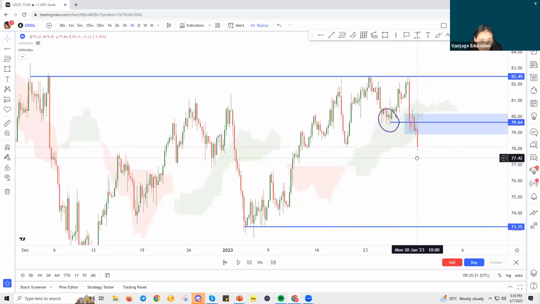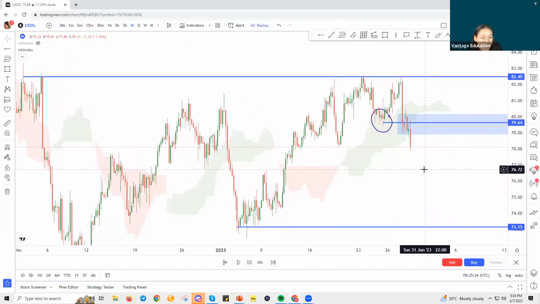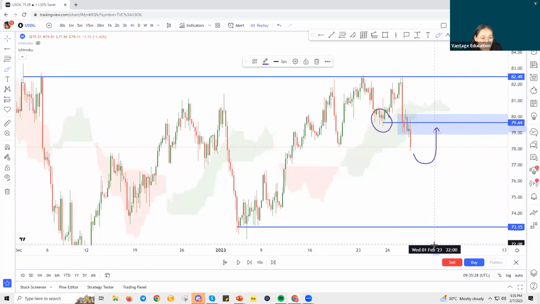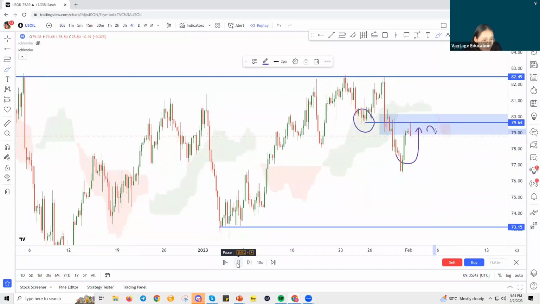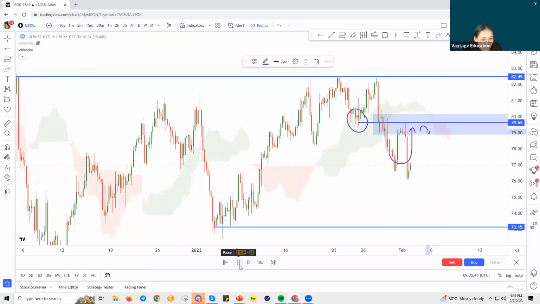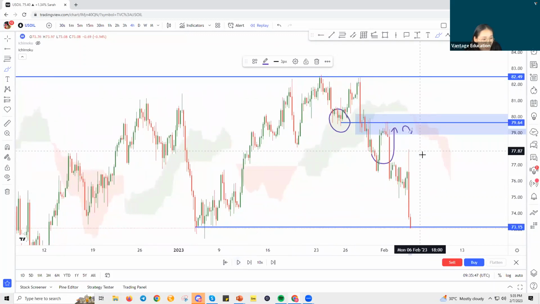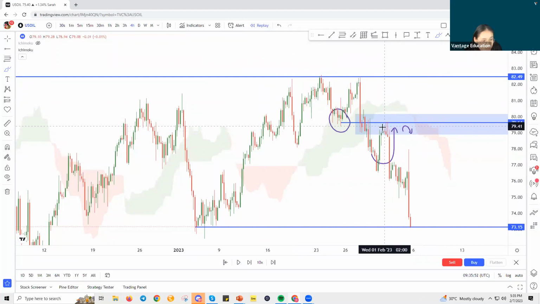Now that it's a pullback resistance, we call it pullback because we are expecting price to retrace and go back to this level of support, which is now a level of resistance because we're expecting it to bounce off. Okay, so let's see how this plays out. We can see price has reversed off of this level, right?